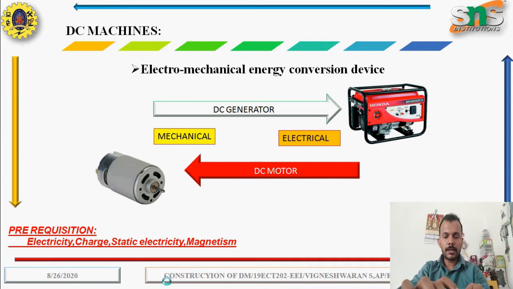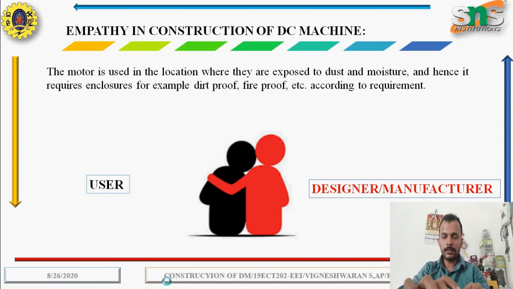When mechanical energy is converted to electrical energy, it is a DC generator, and electrical to mechanical, it is a DC motor. Before getting into the topic, we need prerequisite knowledge on electricity, charge, static electricity and magnetism. These are covered in your previous subjects like electronic devices and circuits, circuit analysis and physics, so now we can directly get into construction of DC machine.